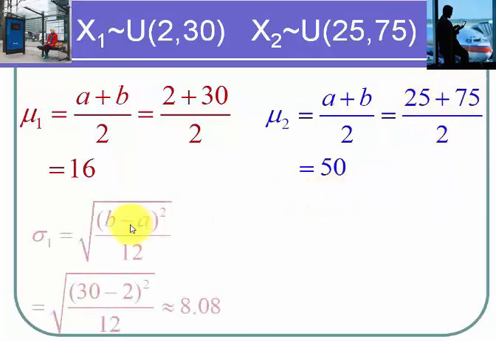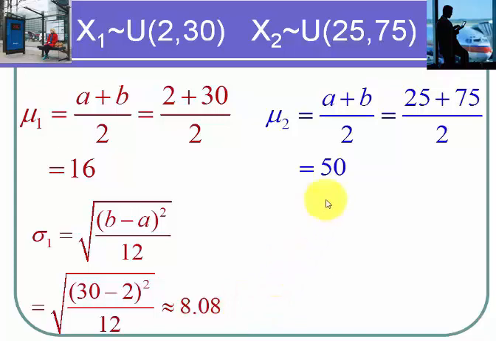For the standard deviation, again, we put it into the formula, the square root of (b minus a) squared over 12. And that's the square root of (30 minus 2) squared divided by 12. I put it into my calculator. I highly recommend you also try putting it into your calculator so you're familiar with how to do that, so that you can verify that you get about 8.08.